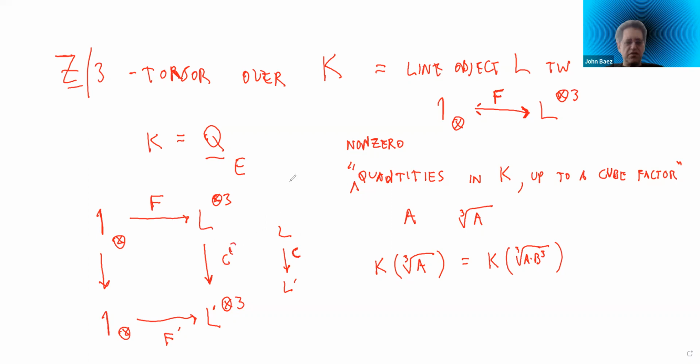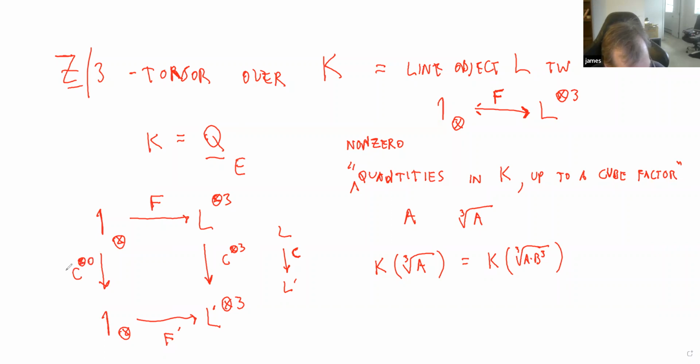I was going to write it as C to the, like that, but that really just means C cubed. And this over here is C to the 0th or something like that, which really means it's just 1. And so F and F prime are differing by a cube in this gauge fixed picture. And so that's how the classification works.